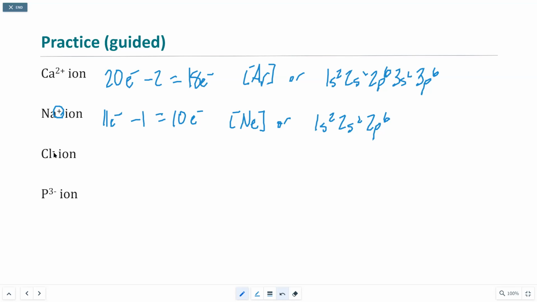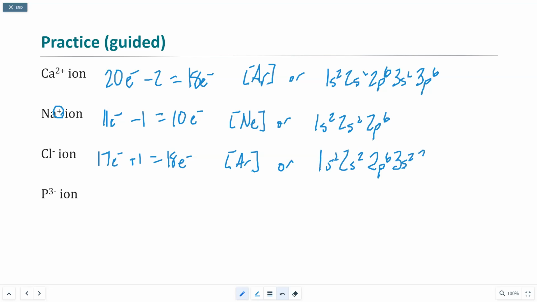For chloride ion, we're talking about adding an electron. So 17 electrons in chlorine. I add 1 more, that would give me 18 electrons. So again, we're talking about the noble gas configuration of argon, or in full form, 1s2, 2s2, 2p6, 3s2, 3p6.